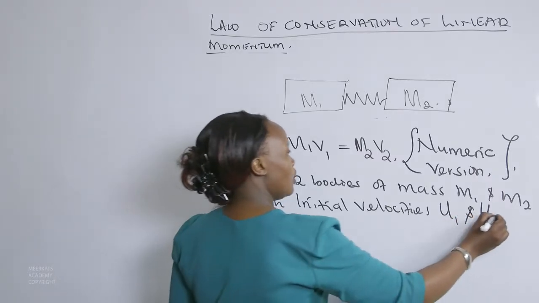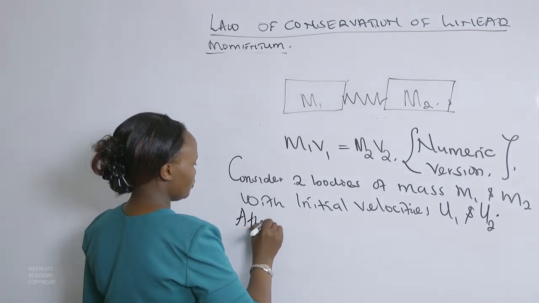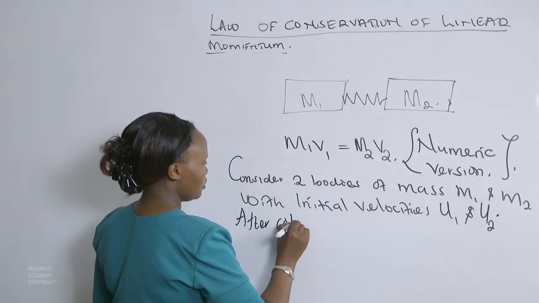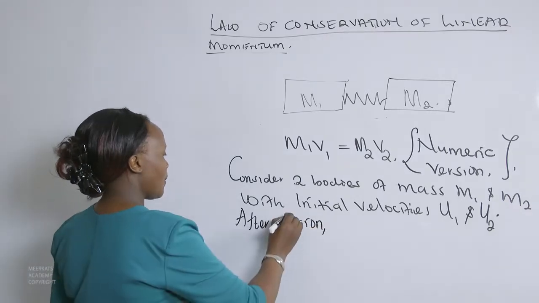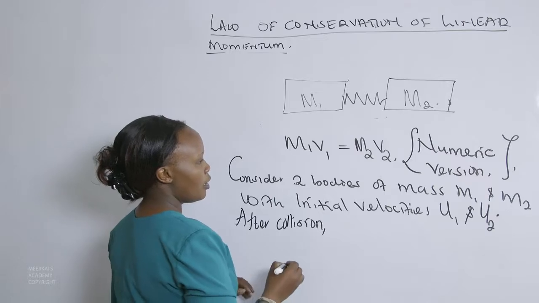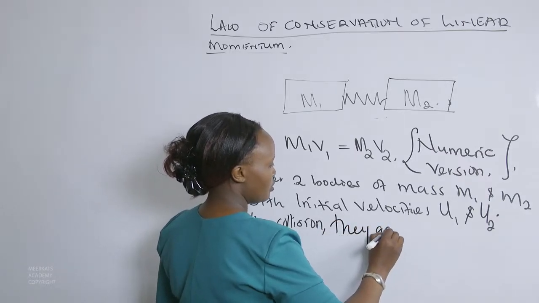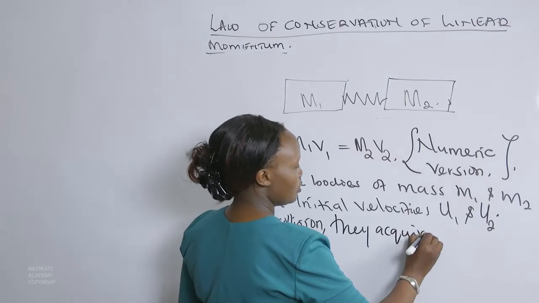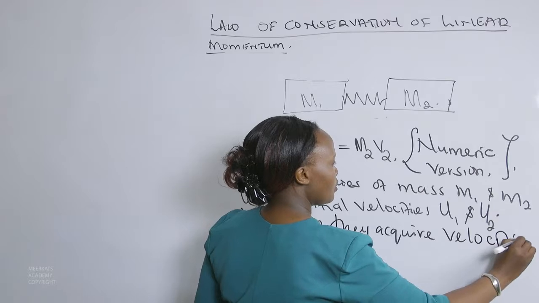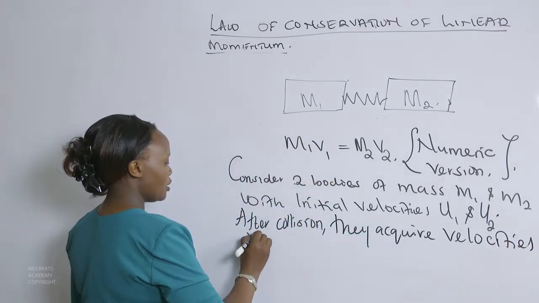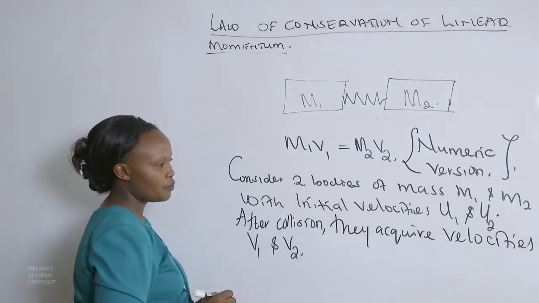Now, after collision, they acquire velocities v1 and v2.